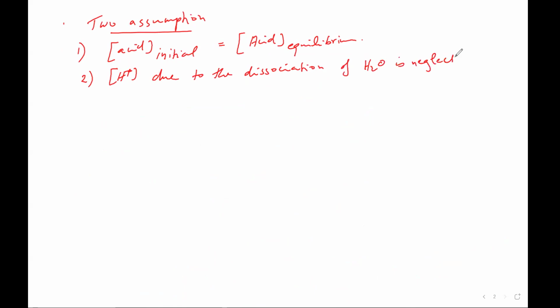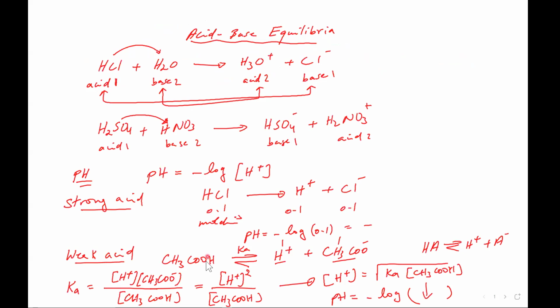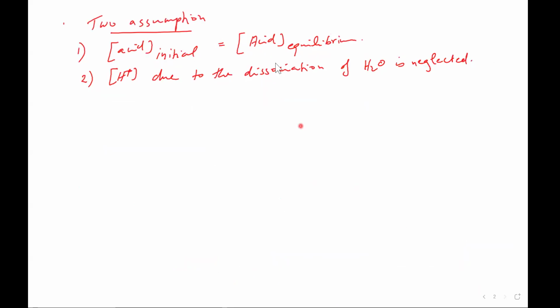We neglect the hydrogen ion that comes from the dissociation of water, because ethanoic acid dissolves in water, which means that water is present in this equilibrium equation. The water is present, yet we neglected the hydrogen ion concentration that comes from water. We neglect it. We do not consider it at all.